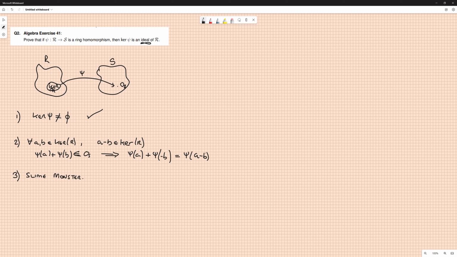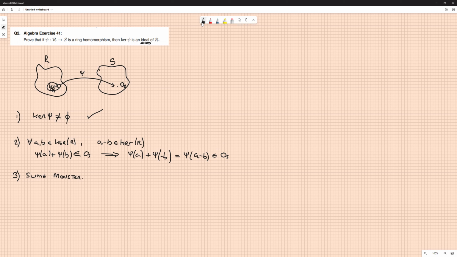We know those two things exist within the kernel, because there is a minus B in the kernel, and that will then map across, so A minus B exists there as well. And finally, we need to show the slime monster principle.